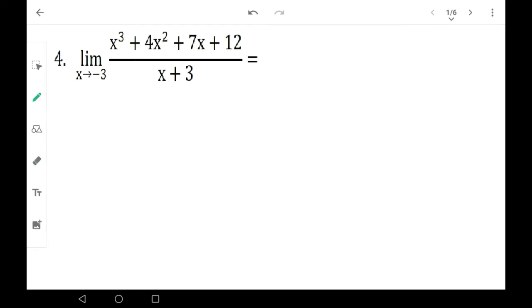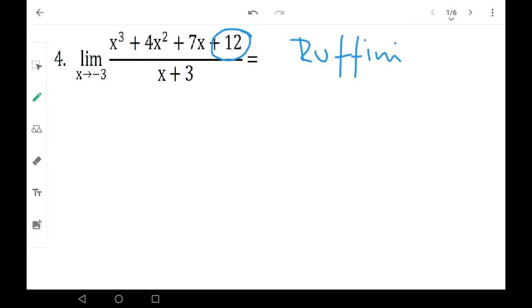So how can I factor this expression? I can factor it by using the method called Ruffini. What does the method of Ruffini say? I have to take a look at the last term of my polynomial and find the divisors of this term.